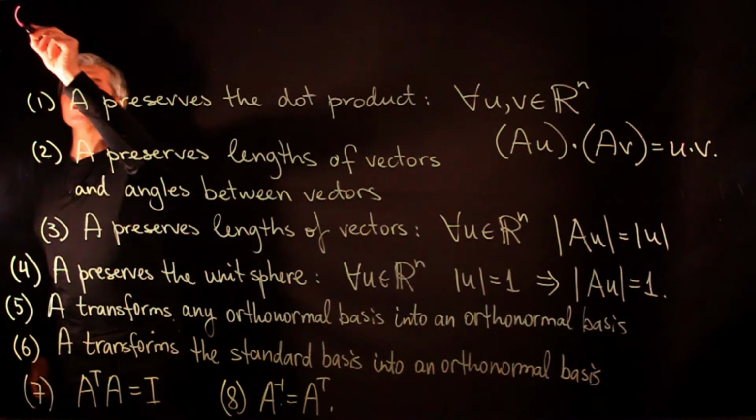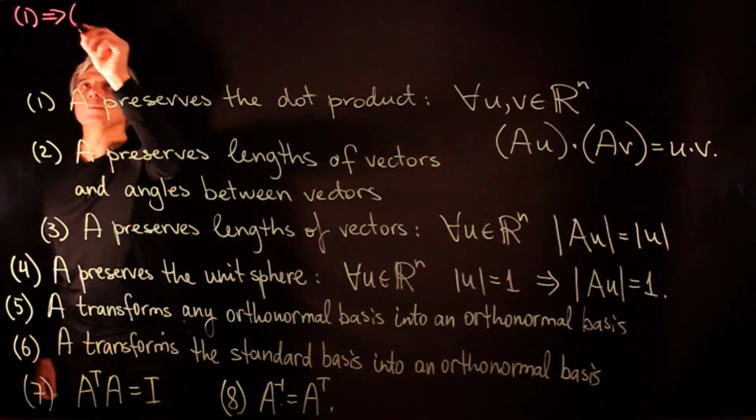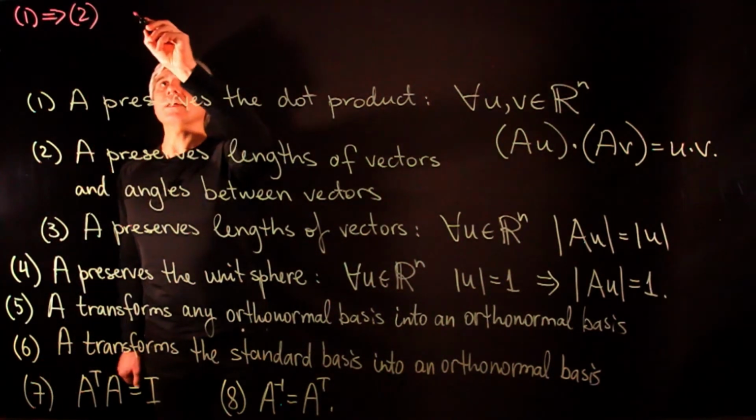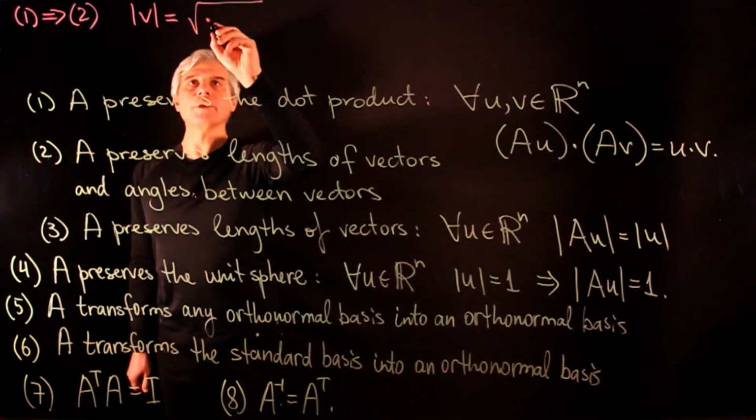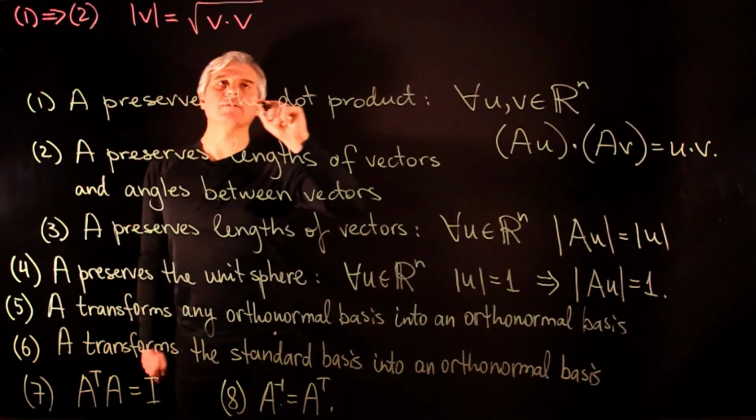Let us show that 1 implies 2. We know that the length of a vector can be written as the square root of the dot product of v with itself.